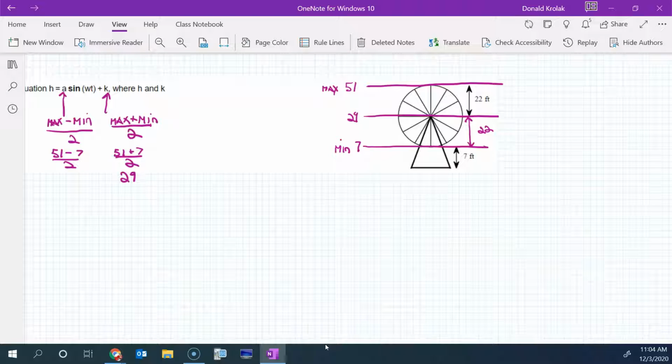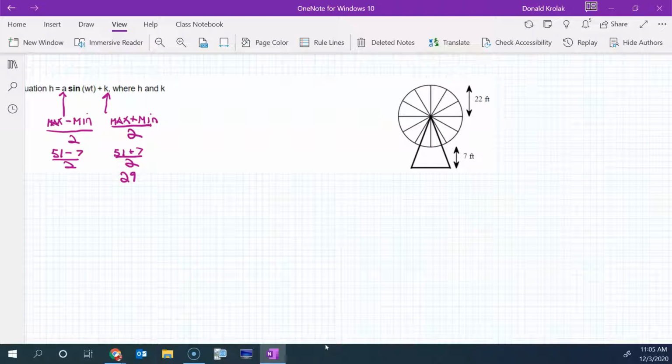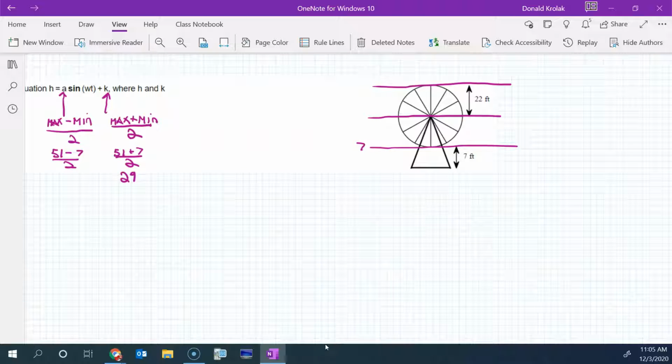How'd I get it? Okay, so the problem gives you the distance to the bottom of the wheel, that's your minimum. So I know that's 7. Then the next distance is the middle. Because I know the radius, if this is 22, so is this.